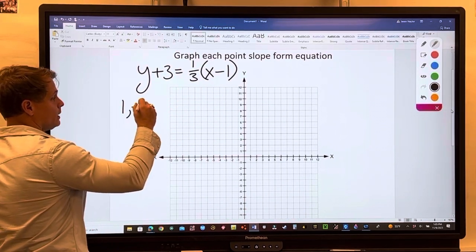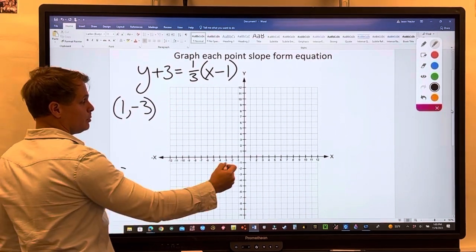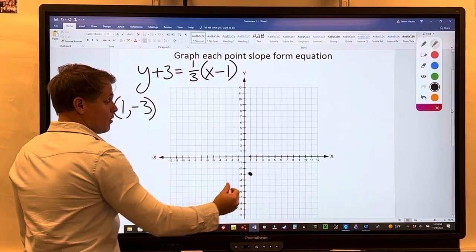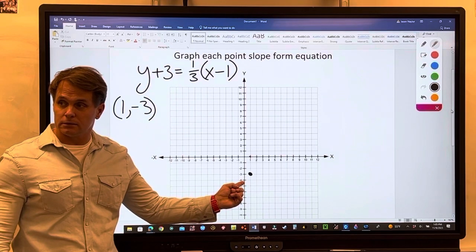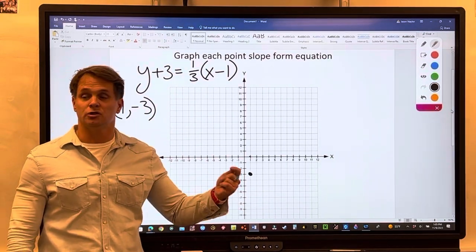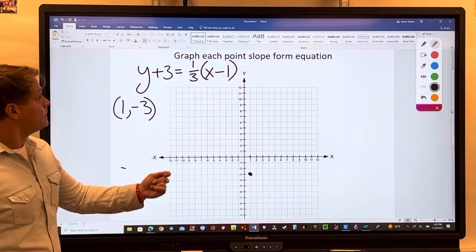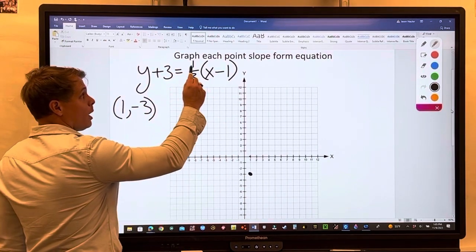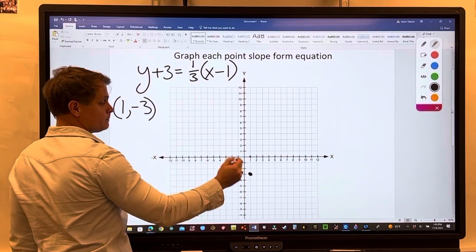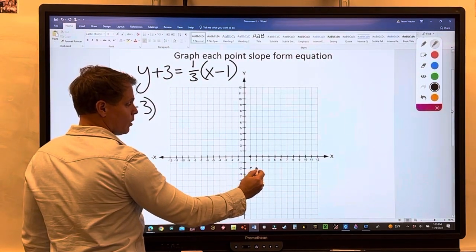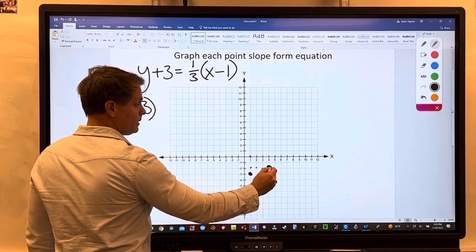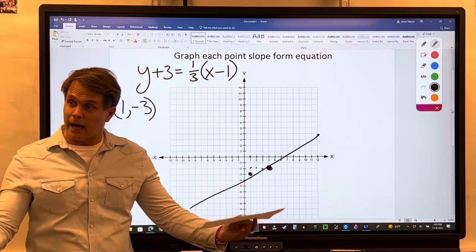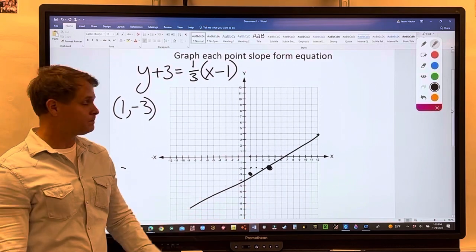So 1, -3 is right here. From this point, I'm going to use the slope to plot the next point. The slope is 1/3, so I go up 1 and over 3. I'm going to put a point there, and I'm going to connect the dots. That is what this graph looks like.